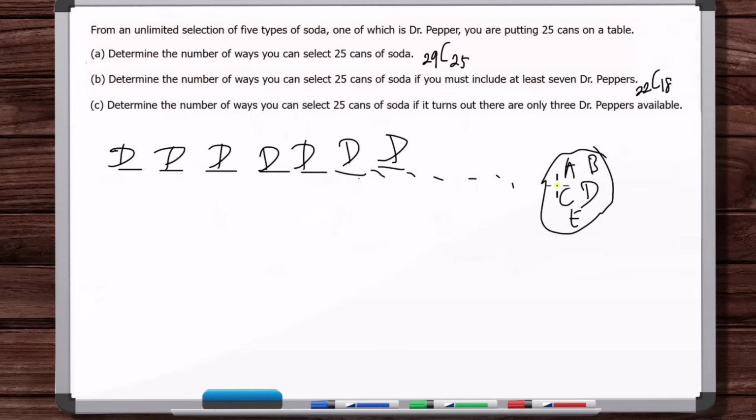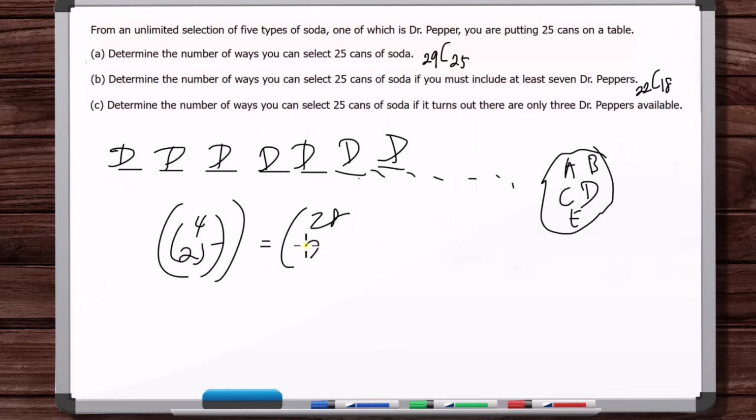We're going to have to count, okay, what if we didn't choose a Dr. Pepper? There's 3 Dr. Peppers, but we could have not chosen a Dr. Pepper, right? That's one scenario. So in that case, we're choosing from 4, 25. So that's 28, choose 25. Okay.